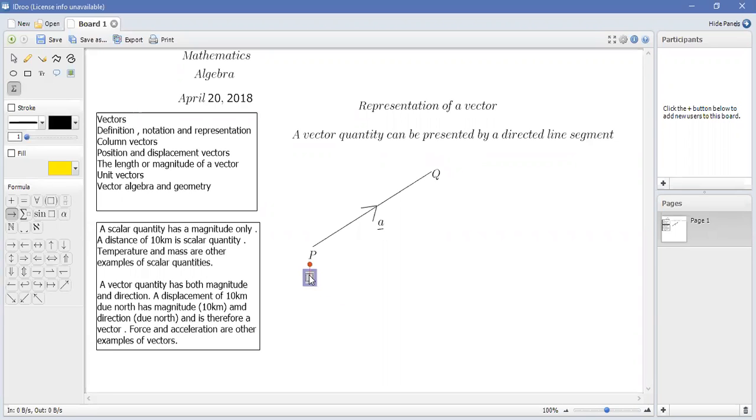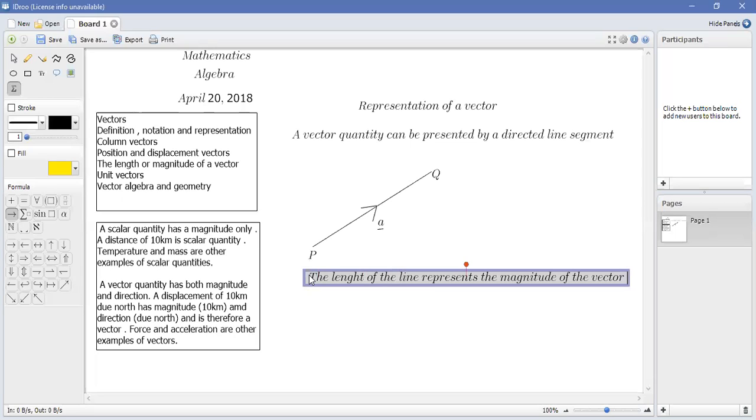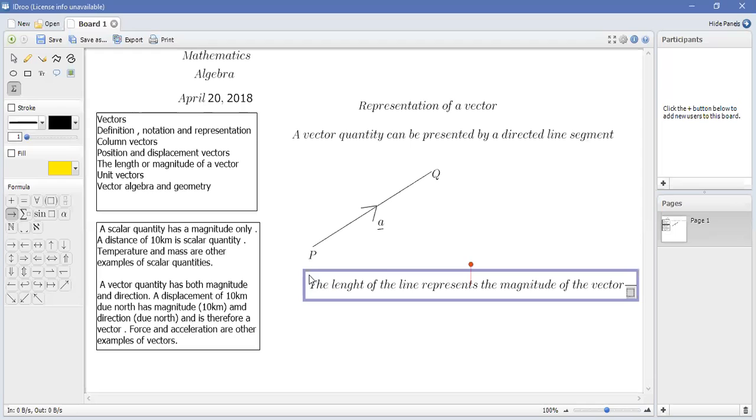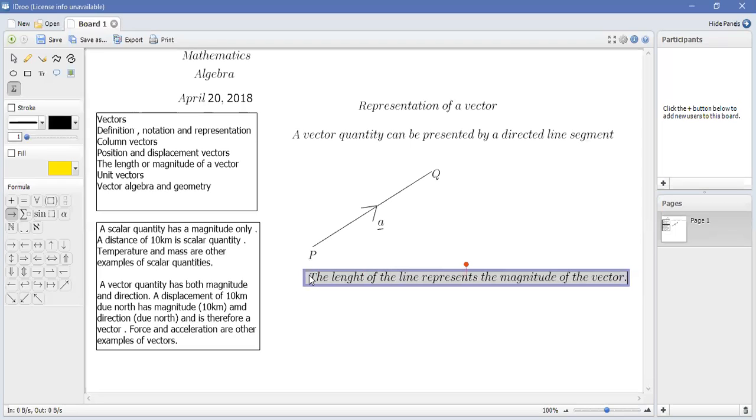All right, so some more notes. The length of the line represents the magnitude of the vector.